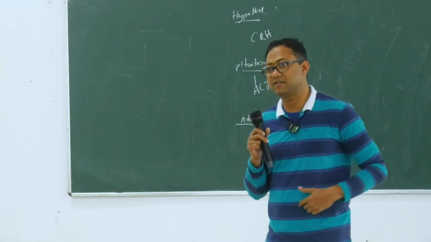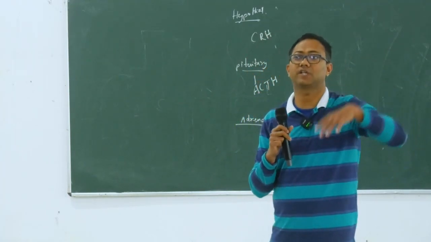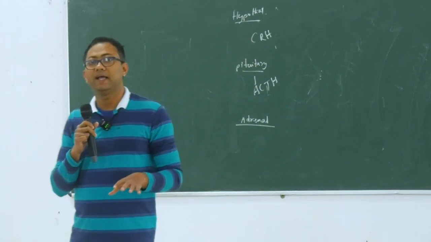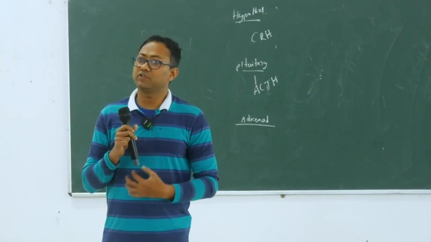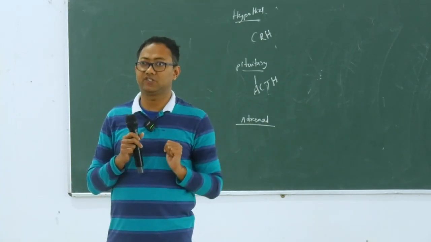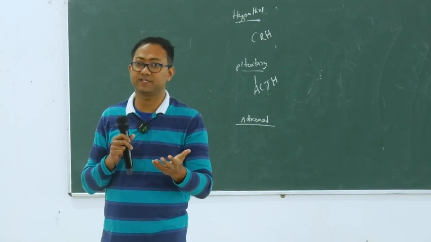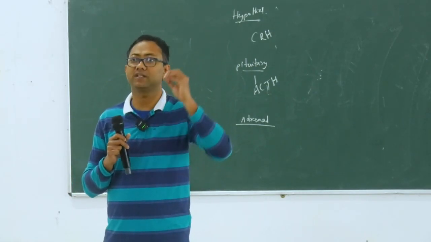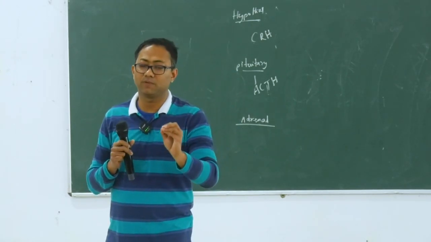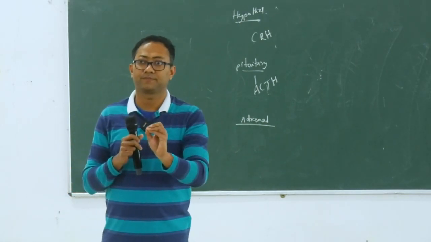It is not something happening in the adrenal gland, and the patient is not getting exogenous steroid, but still cortisol is high, and the cause is ACTH. ACTH secretion is more from the pituitary gland, due to a tumor in the pituitary gland. We call it pituitary adenoma. So, a pituitary adenoma secreting ACTH is responsible for Cushing's disease.